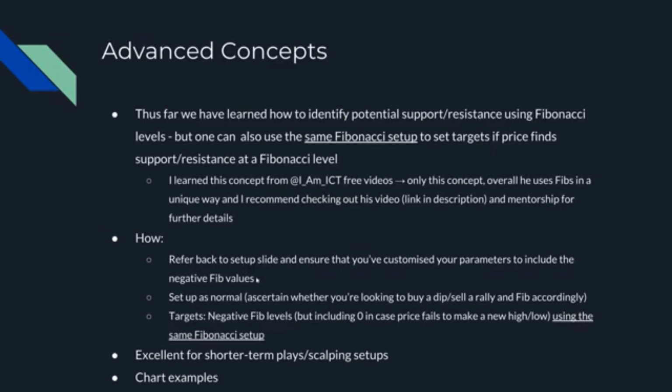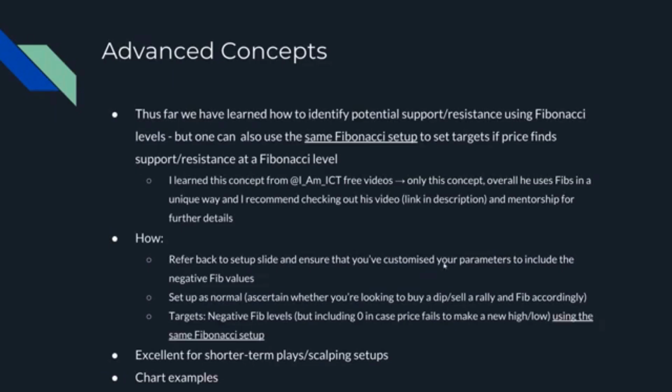So assuming you've now set that up, it's quite simple. You set up your fibs as normal. So ascertain whether you're looking to buy a dip or sell a rally and fib accordingly. If we're looking to get in on a retracement, we're going from swing low to swing high, and the fib levels act as support or may act as support. And if we're looking for resistance areas or targets, we'll go from high to low, and then the fib levels will act as resistance or may act as resistance.